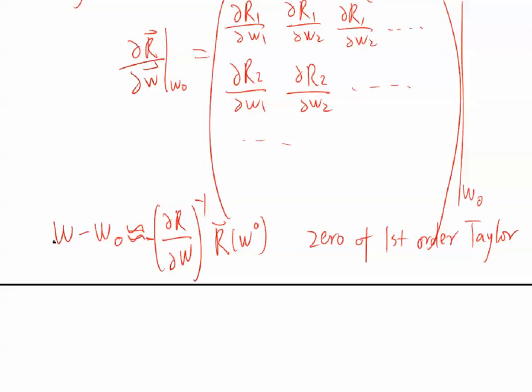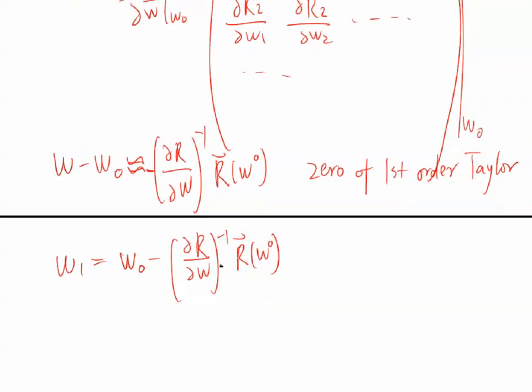Because we want W to be the zero of the nonlinear function, and if we set it equal, then W is only an approximation from the Taylor series expansion. So this is not exactly W, but hopefully a better approximation of W than W0. That's why we set W1. W1 is the next better approximation than W0.